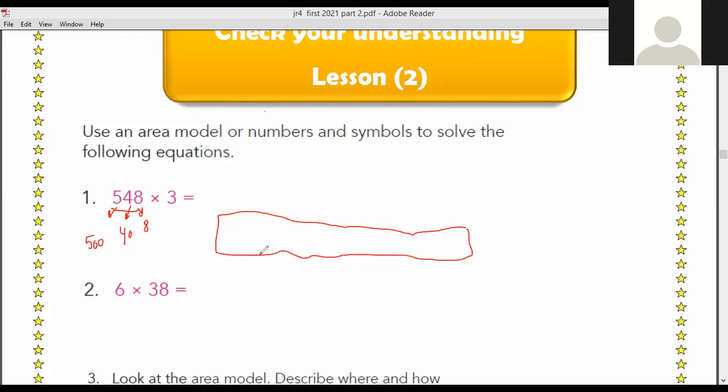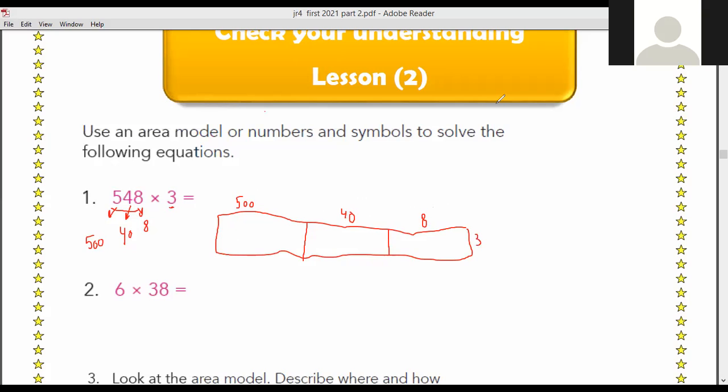To 3 numbers. That means we're gonna divide this rectangle into 3 rectangles. So the first one here, I'm gonna write 8, and here I'm gonna write 40, and here I'm gonna write 500. Okay, where can I write this 3? I'm gonna write it in the width here.